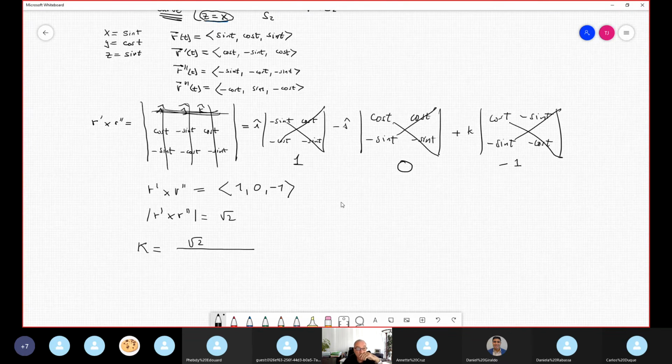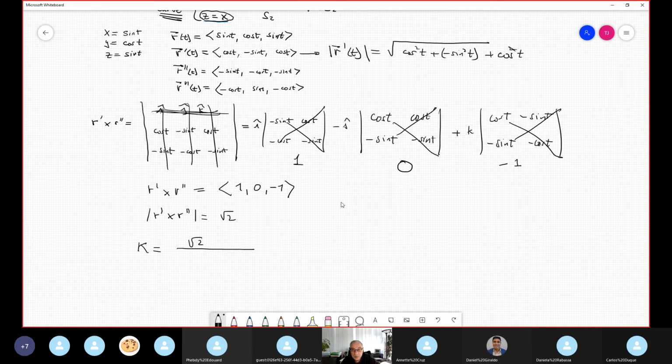okay, we come back here to find the magnitude of the velocity. It is the square root of cosine squared t plus minus sine squared t plus cosine squared t. Okay.